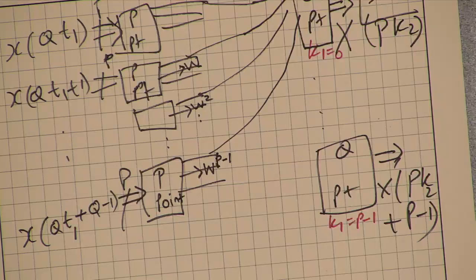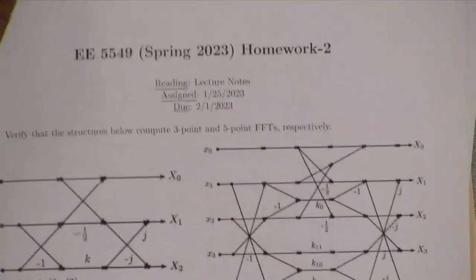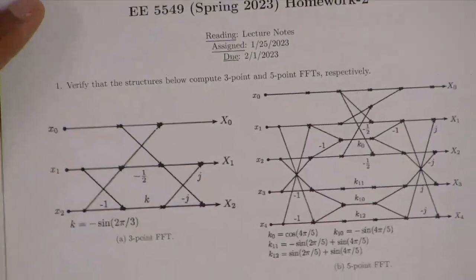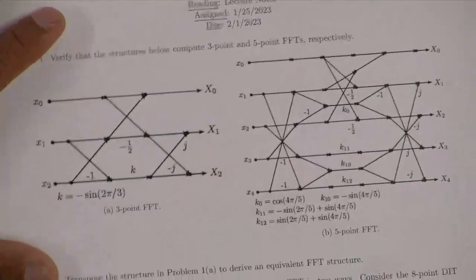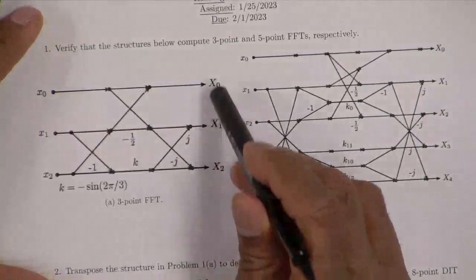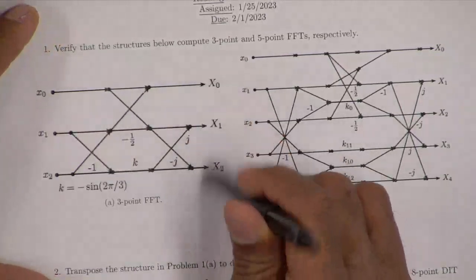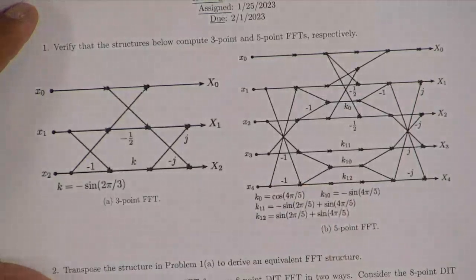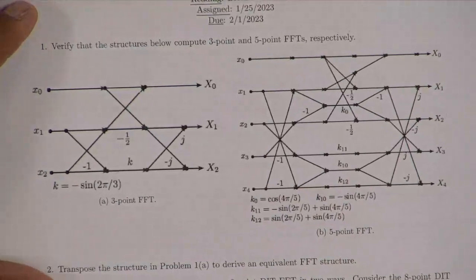Let me see where the homework problems are. There is quite a bit of drawing to do. The 3-point DFT equations we went through last class: you trace this and show that these indeed satisfy the equation that we talked about, and that I talked about today.